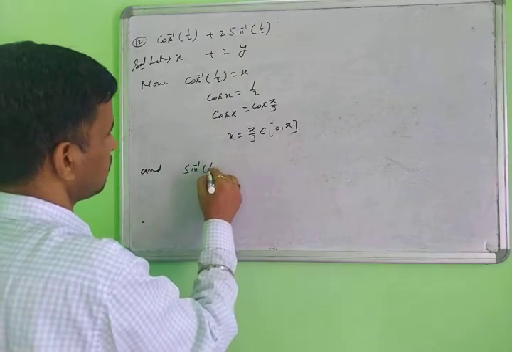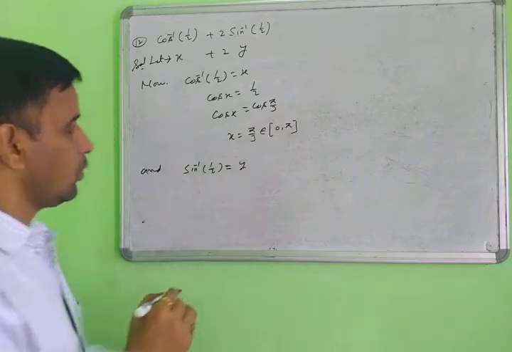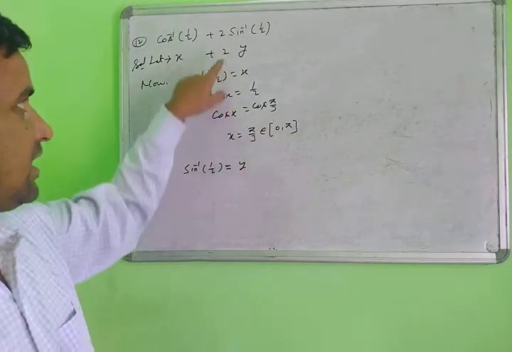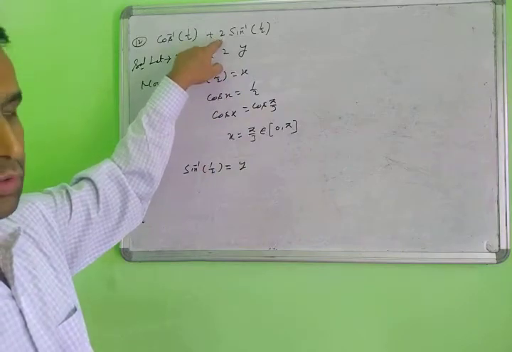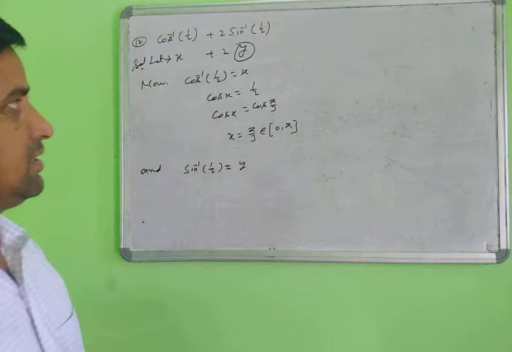Second, sine inverse 1 by 2 equal to y. You will put only y, don't put the 2y. Suppose there is any number here, 2, 3, 4, negative or positive, you will put only the algebraic theta, only theta.